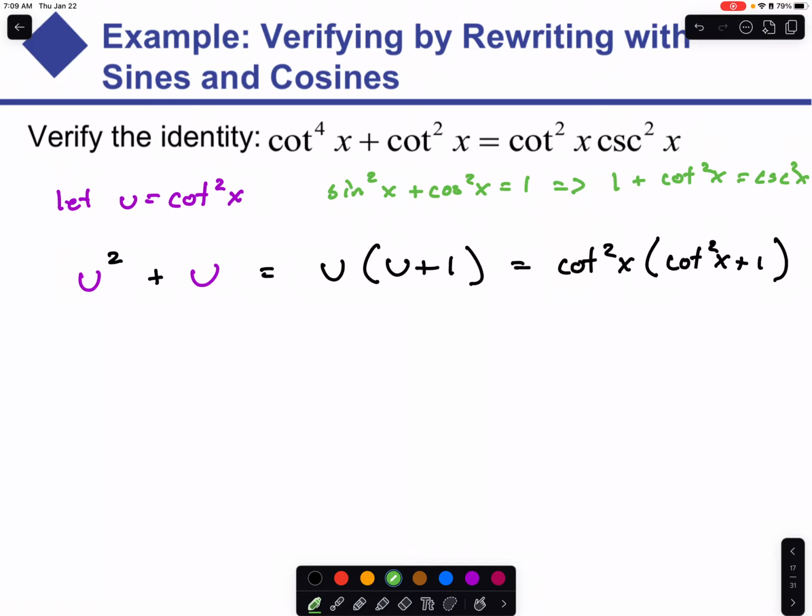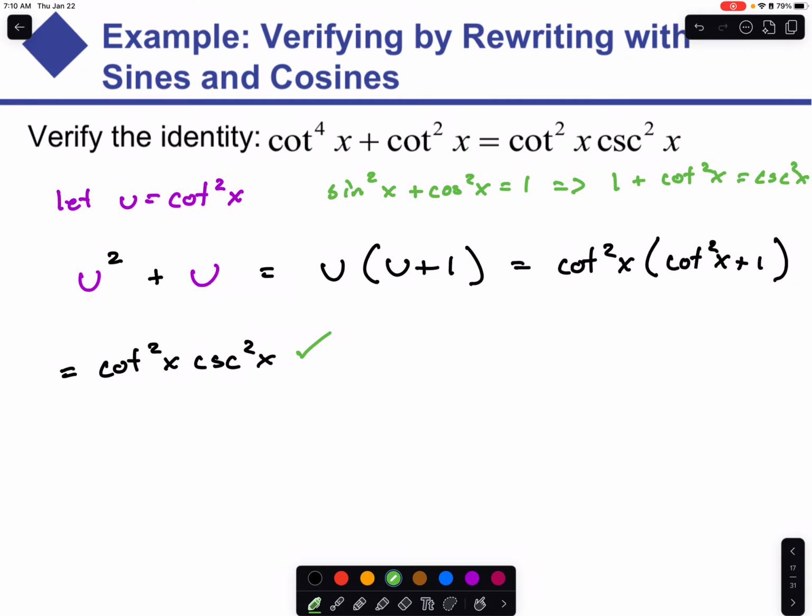So 1 plus cotan squared is cosecant squared. If we account for that substitution, now we'll have cotan squared x times cosecant squared x. And that's the desired result that we wanted. So it's a flow between algebraic manipulations along with these trig identities.